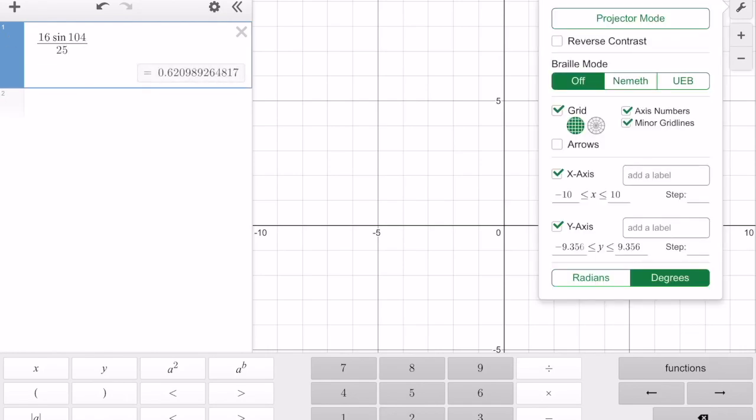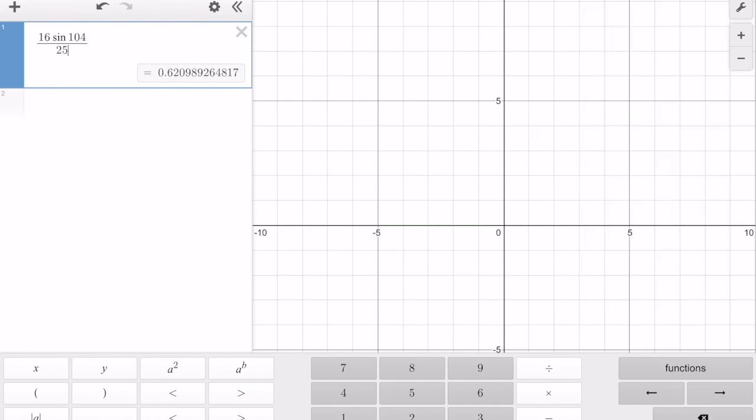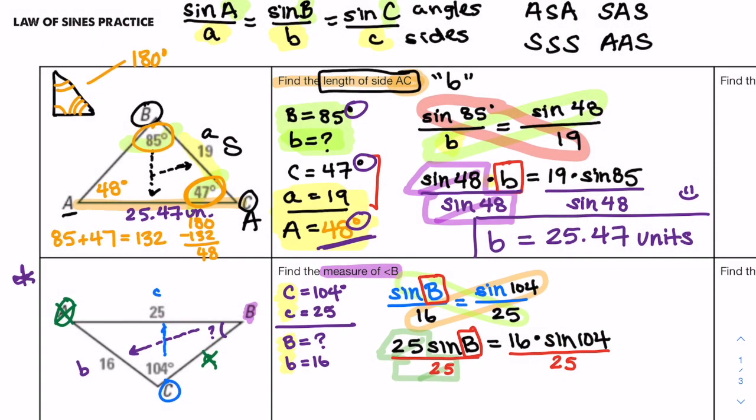I'm in degrees, so I'm good. So that would mean that I have, let me round to 3 decimals to be as precise as possible, 0.621. So I'm going to go back to my notes, and this is going to be sine of B is equal to 0.621.